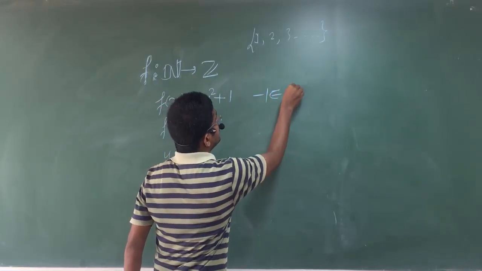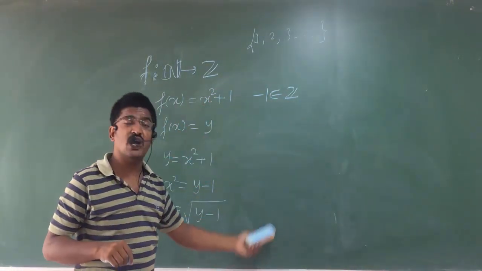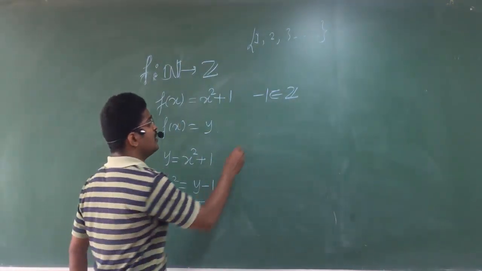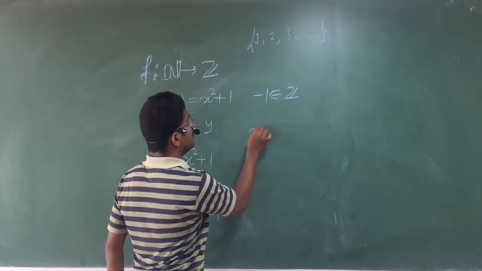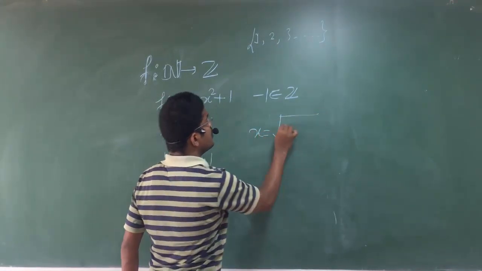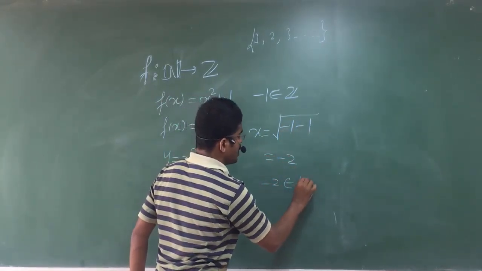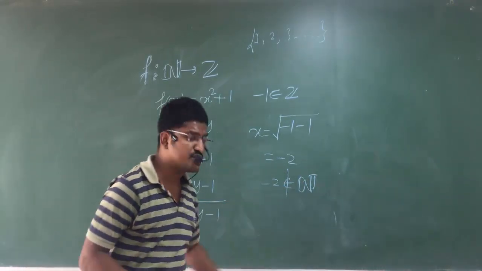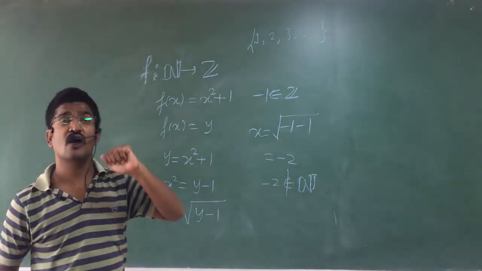If I take minus 1, x equals root of minus 1 minus 1, which is minus 2. Again minus 2 doesn't belong to the natural number set. Again this is not onto.